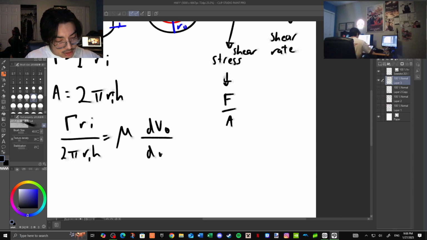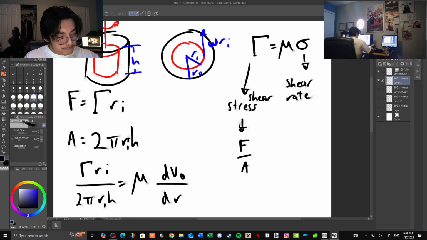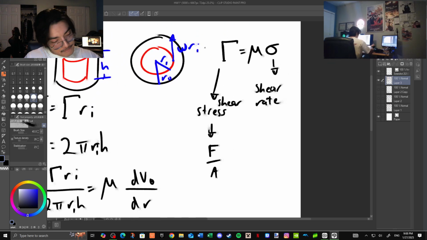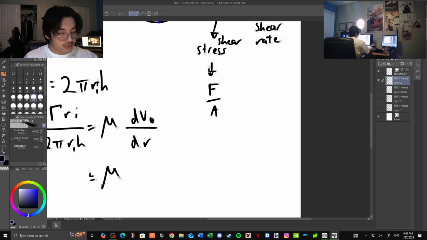Bottom will be dr. Now dv theta will be equal to the tangential velocity, but we're going to use this formula / expression that we found.